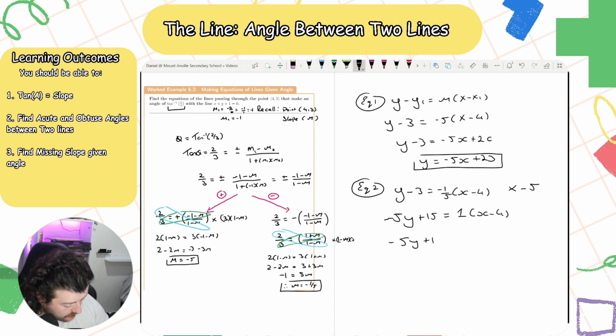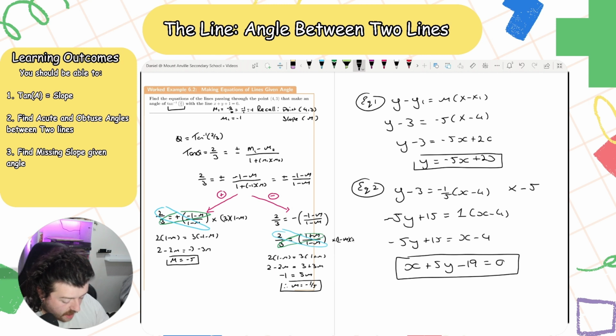Minus 5y plus 15 is equal to x minus 4. Bring everything over to one side, ideally where x is positive, so it'd be x plus 5y, then minus 4 minus 15 is minus 19, equals 0. And there are my two possible equations of the line.